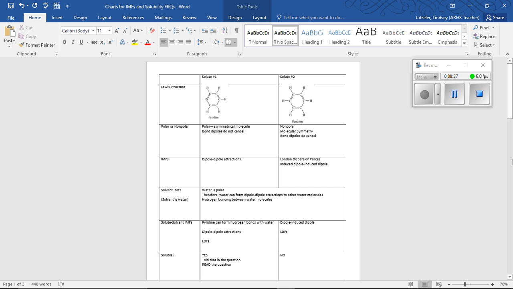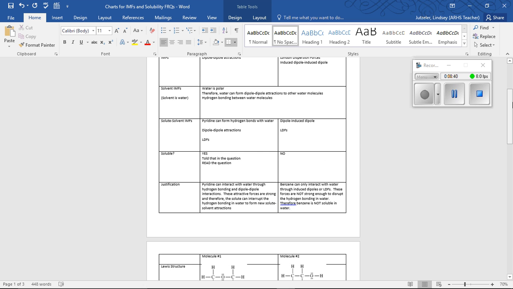And then for your justification for whether something is soluble or not, you want to talk about how the solute-solvent IMFs, that combo, compare to the IMFs of just the solute or just the solvent. So that is the way you're going to chart your IMF questions.